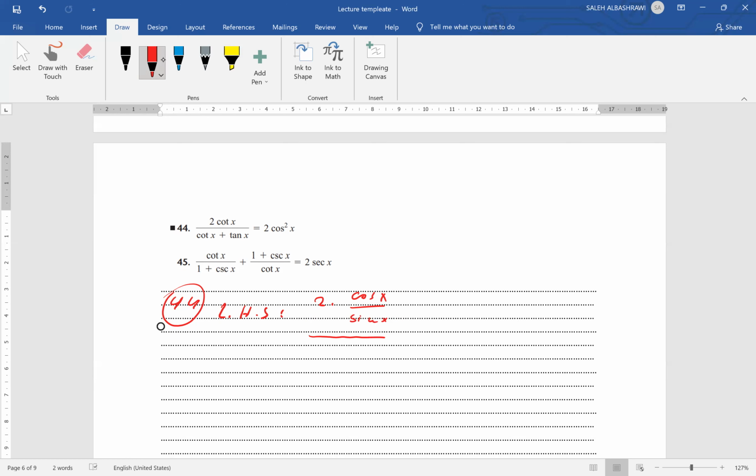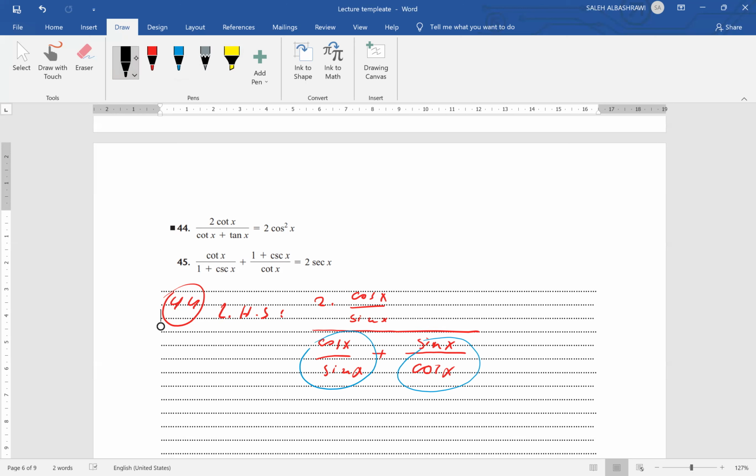Divided by, I have cotangent down in the denominator, which is again cosine x over sine x plus tangent is sine x over cosine x. Now I'm going to combine the two denominators down.